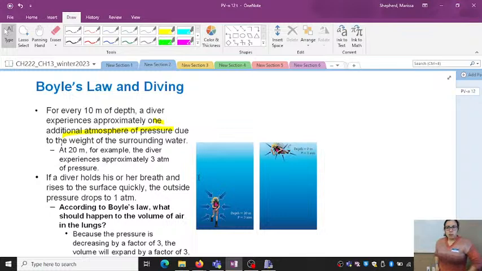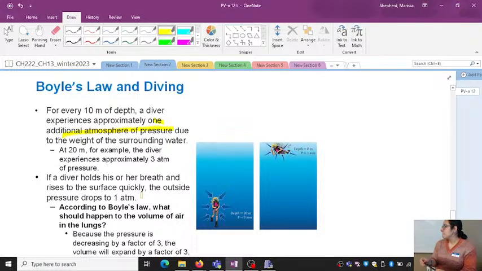So they tell you to rise slowly and be exhaling constantly as you go up. You also want to go slow because of all the gases in your bloodstream, those oxygen molecules and CO2. If you rise too quickly, there's also the risk of that gas expanding.